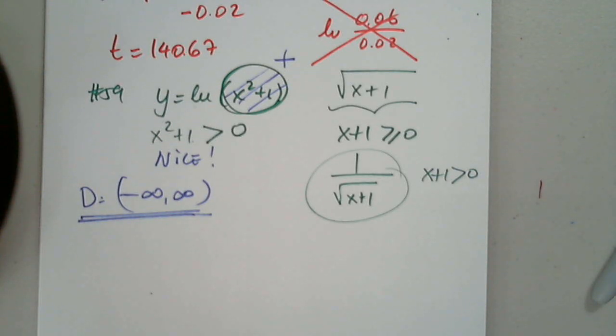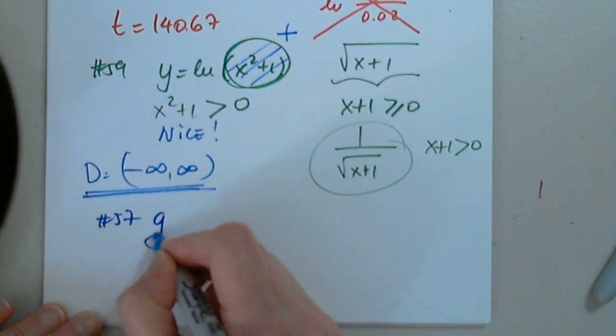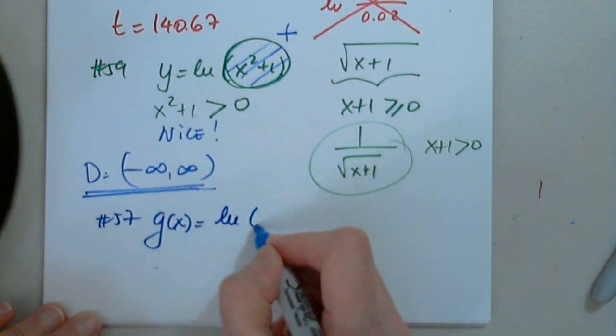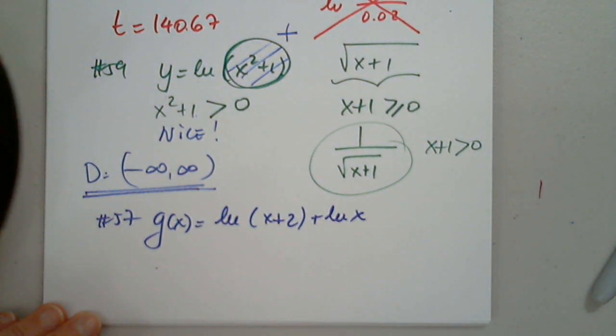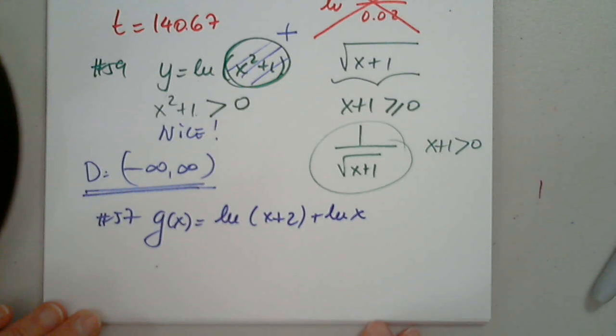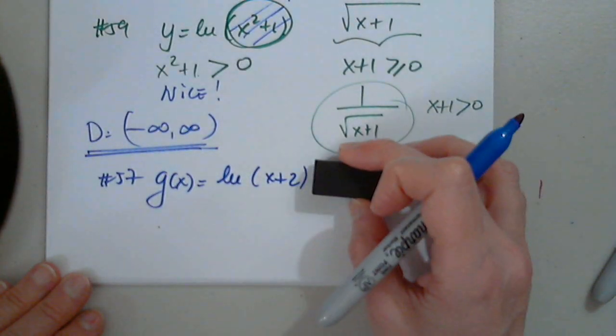Could we do like 57? Yes. 57. You have g of x equals natural log of x plus 2 plus natural log x. Very good pick. Thank you. Perfect. So this is a sum of two functions.